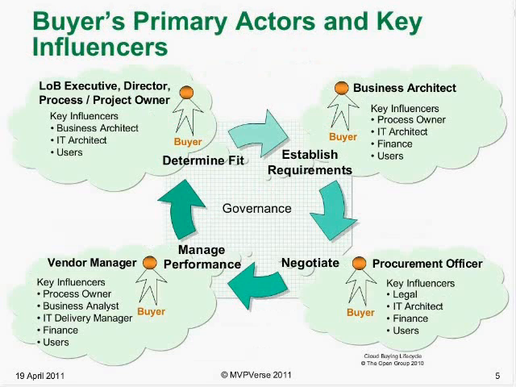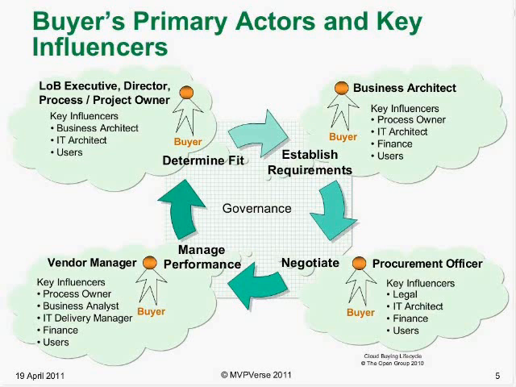So then looking again at the life cycle, here we just show a view where we have the primary actors and key influencers by phase. This is just trying to give you a feel for who is the person in each of these phases that we're really targeting with the obstacles and the incentives, and understanding those behaviors and how they can be shaped to improve the adoption of cloud services.